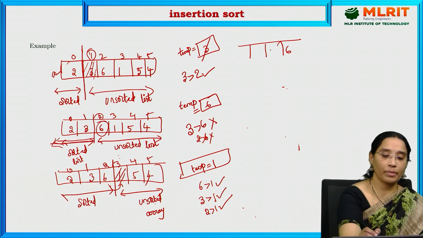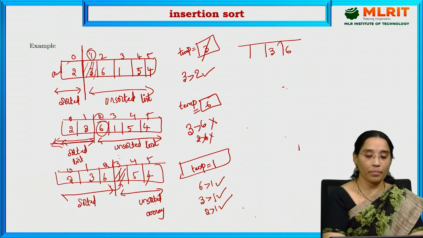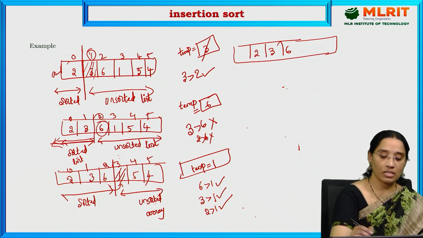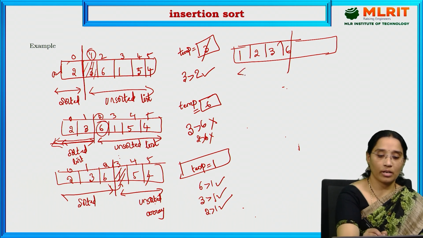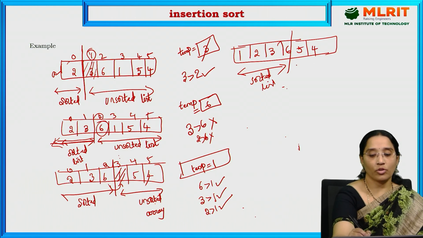Now this element will move one position towards the right. Again, 2 is compared with 1, and this will move one position towards the right. Next, 1 is at its correct position. Now this is your sorted list, and 5, 4 is your unsorted list.